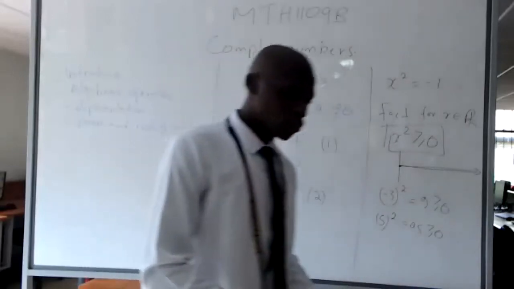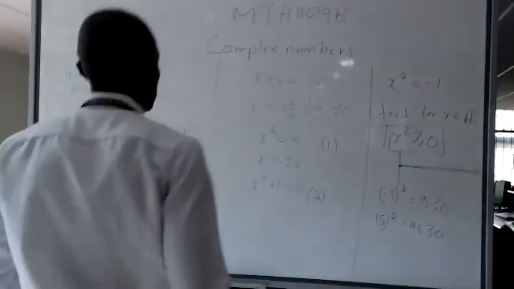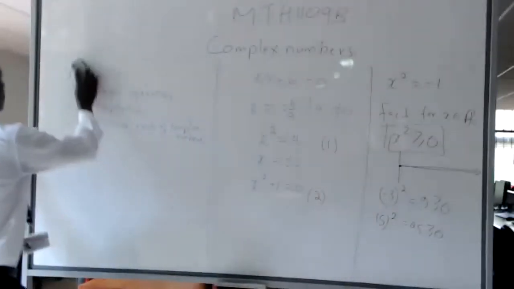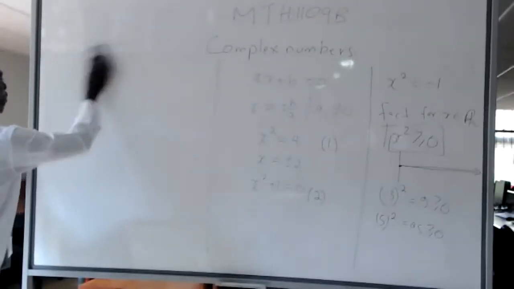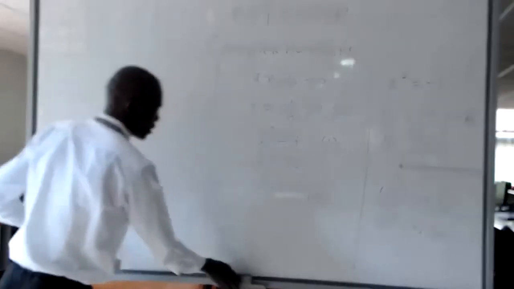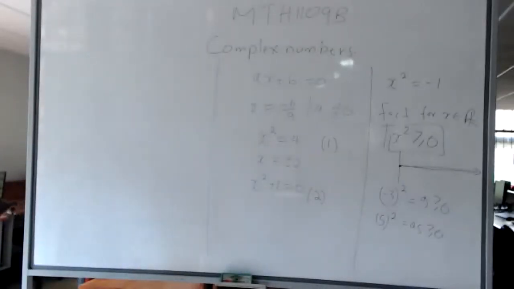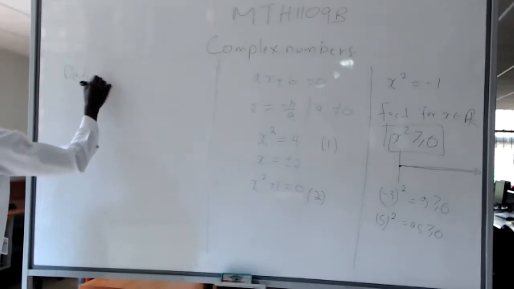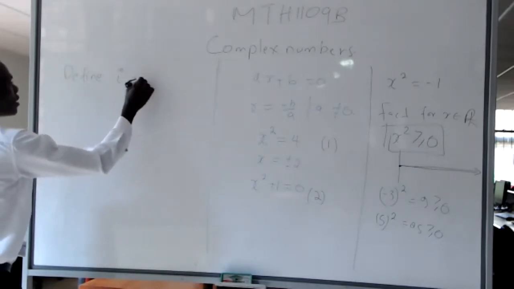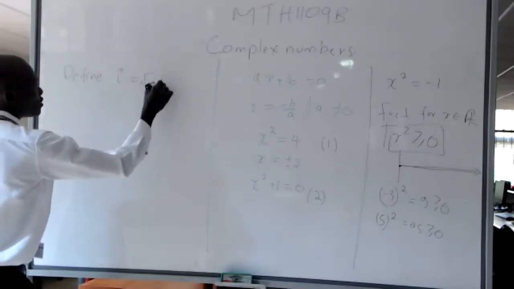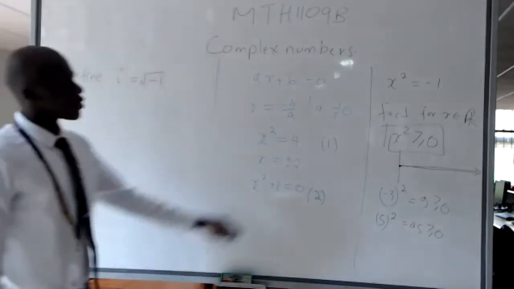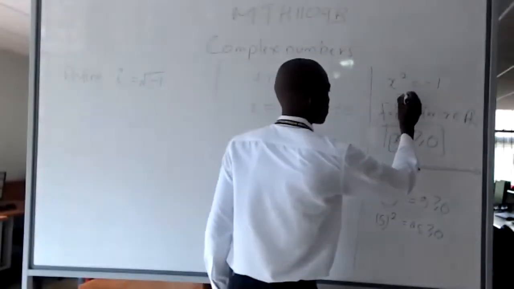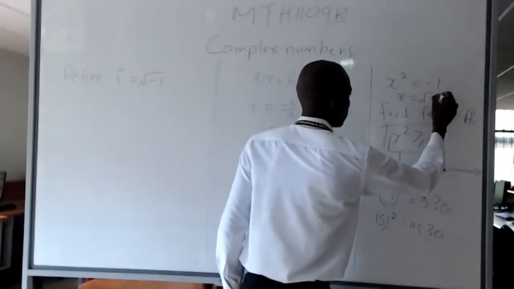This calls for the introduction of a new system of numbers which will accommodate equations such as x squared is equal to -1. So because of this, we will define a new number. Define a number denoted by i, which is the square root of -1. From here, if you find the square root on both sides, you'll have that x is the square root of -1.